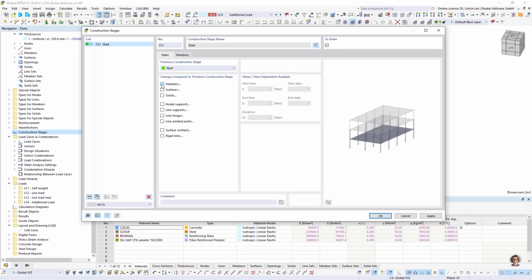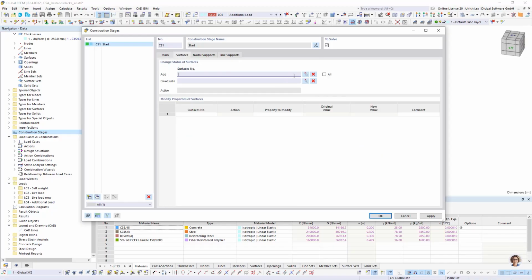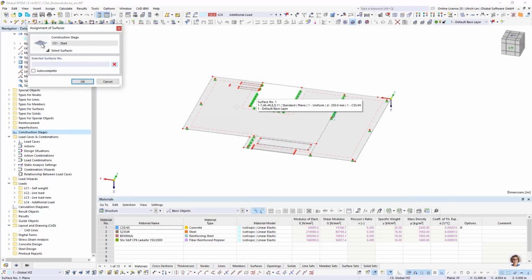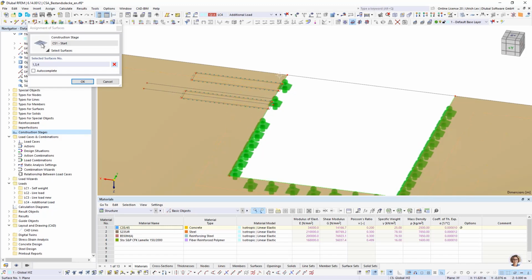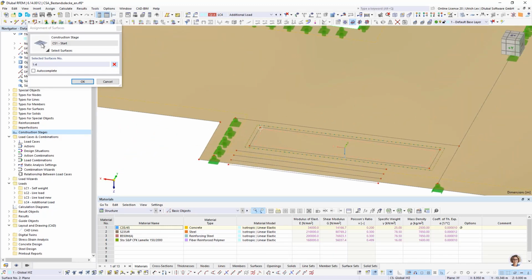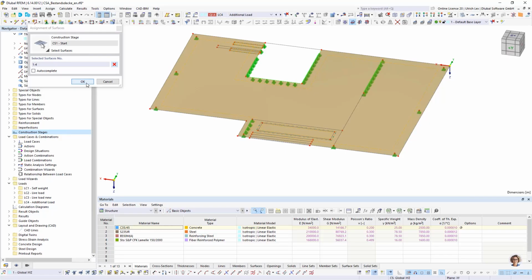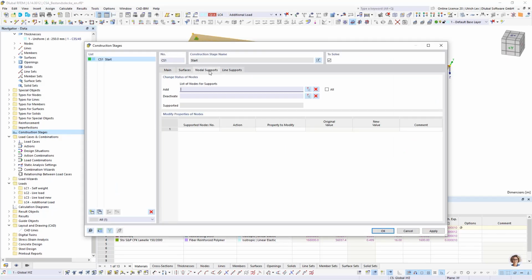So I activate now surfaces because we have no members, and I activate nodal supports and line supports. Here I can choose the different surfaces. What should act in the first stage? And also the nodal supports.